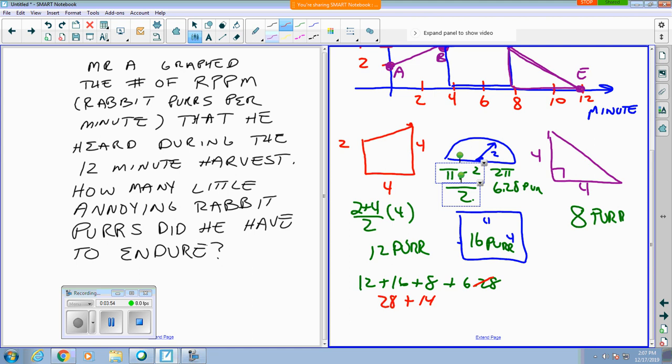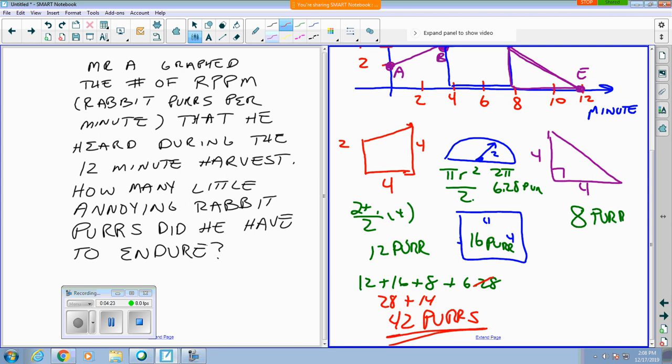Oh, yeah. No, I don't think I made a mistake. So it's 28 plus 14, 38. How about 42 purrs? It came out 42.3-ish, but you round down because, guys, you don't hear 3/10 of a purr or a chirp. So we'll round down. Okay?